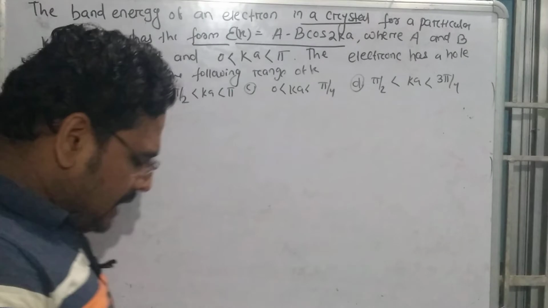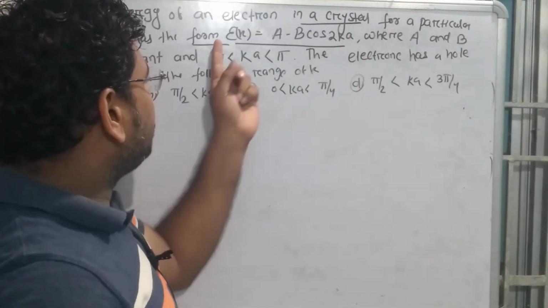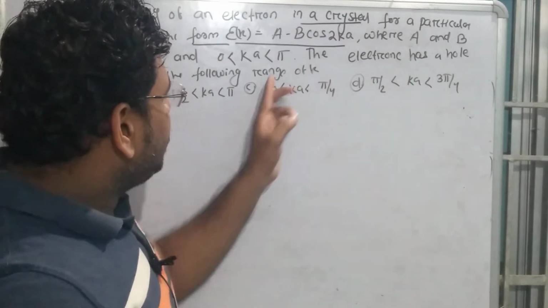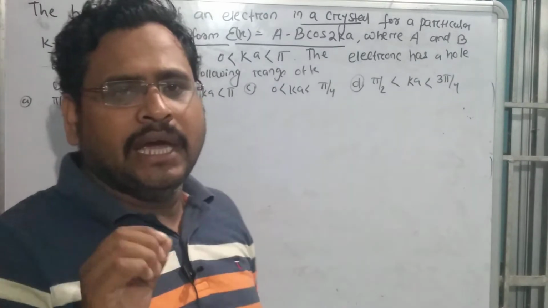So we have to find out, for this energy band, in which range of Ka the electrons will behave like a hole.